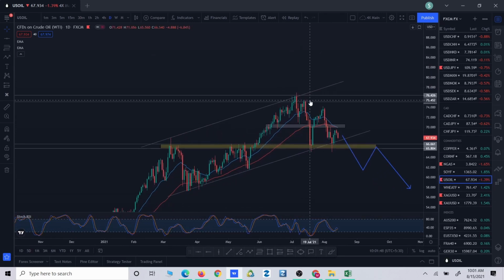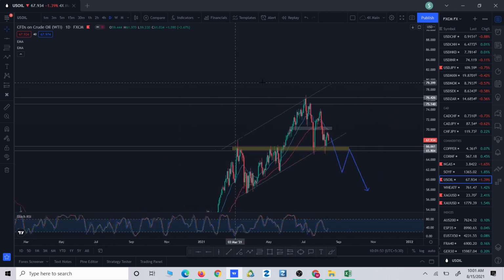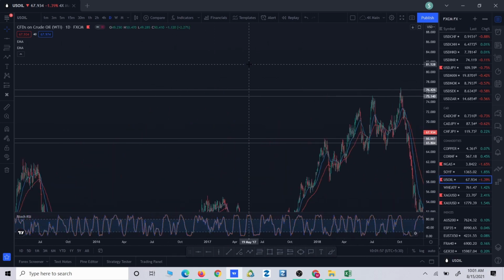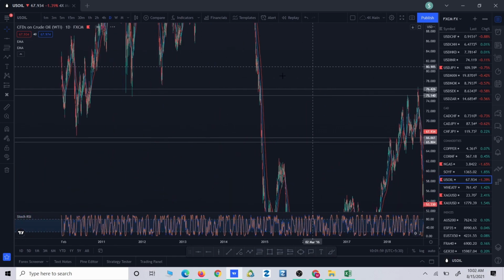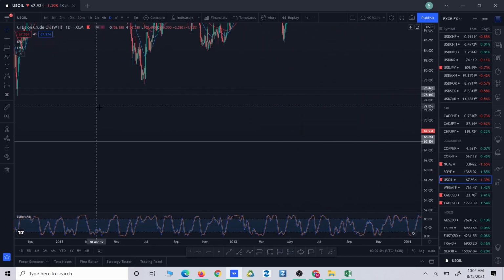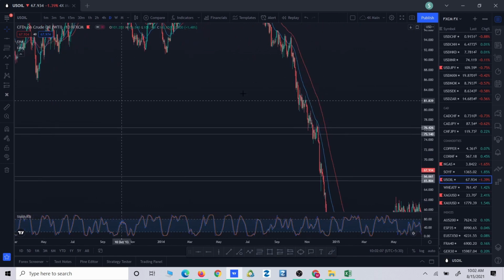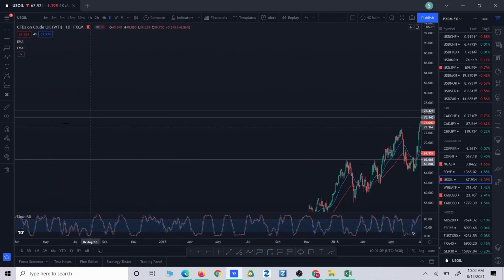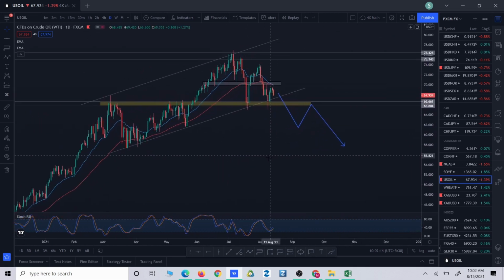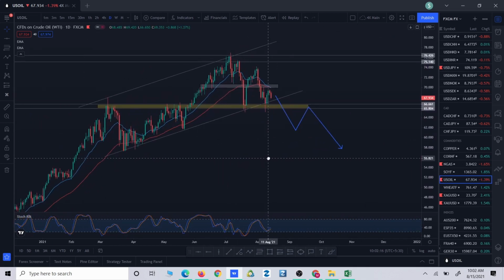If we talk about this other zone, it is retested 1, 2, 3, 4, and if we go here, 5, 6, 7, 8. So multiple times these zones have been retested. These are very strong and good zones to look for short and long opportunities.